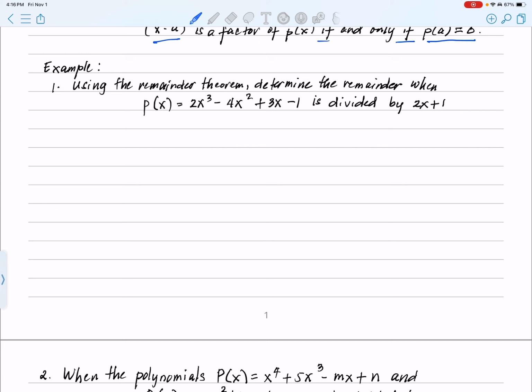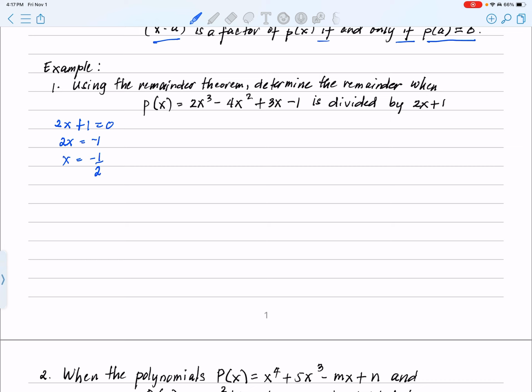Okay? So let's do this. So what do we do with the remainder theorem? We need to substitute the value of x that makes 2x plus 1 equal to 0. In other words, 2x plus 1, we have to equate that to 0. So 2x would be equal to negative 1. So x is negative 1/2.